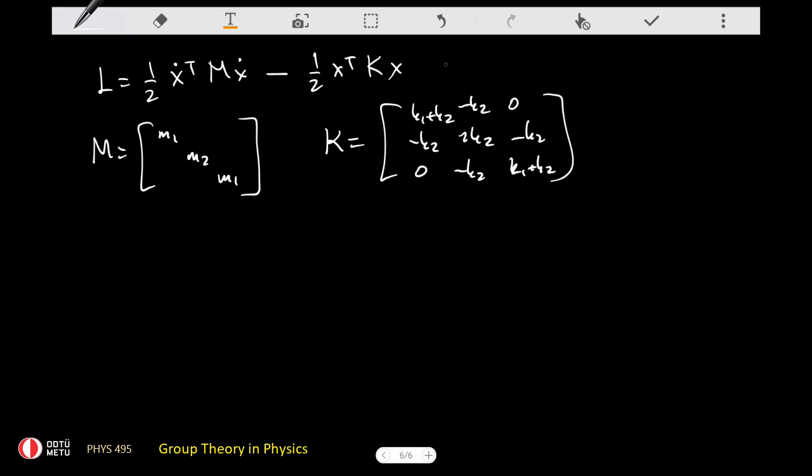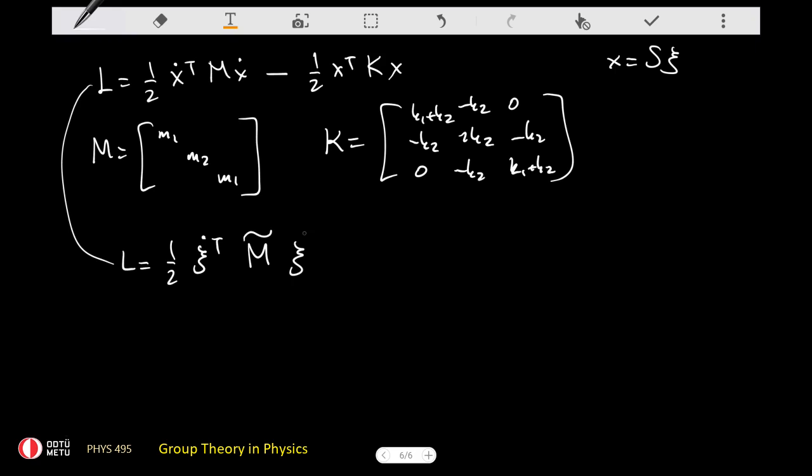So what I want in here is I would like to change the coordinates now. So I just write x as S times psi. In that case, the same Lagrangian can be written like that: psi dot transpose m tilde psi dot minus 1/2 of psi transpose k tilde psi.